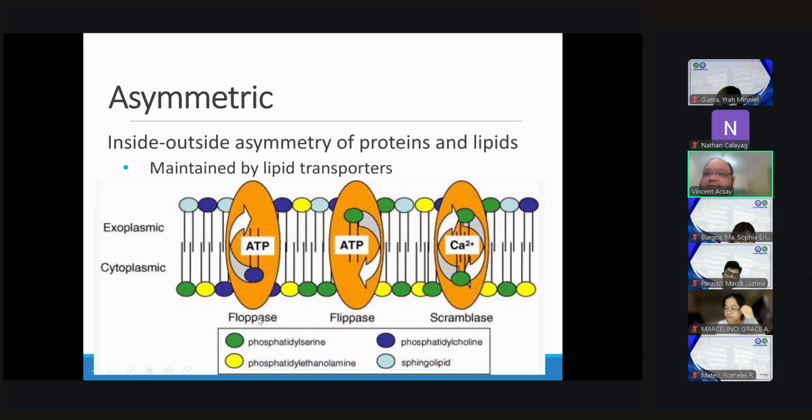An example here is you see your green phospholipid in phosphatidylserine. Typically, these are found more on the inside, but when phosphatidylserine is on the outer layer, they can be transferred inward by a transporter called a flippase.